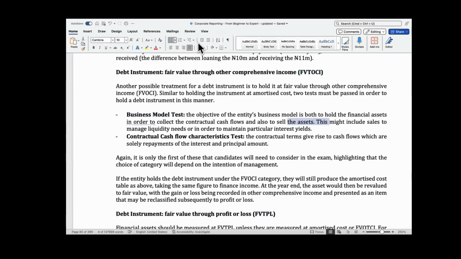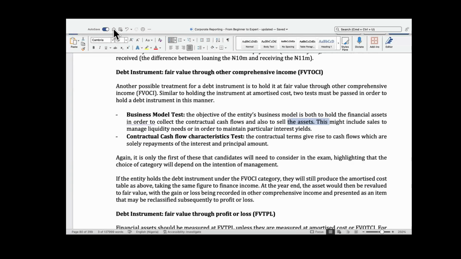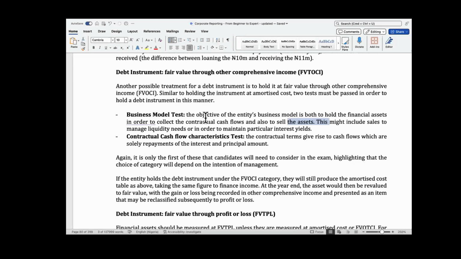Any questions? Okay. So do you have a question? Yes, sir. In regard to these contractual terms, like in this example, you agree that 5% is going to be paid every year annually on your capital, and you agree on the contractual term that this interest is going to be reinvested every year.